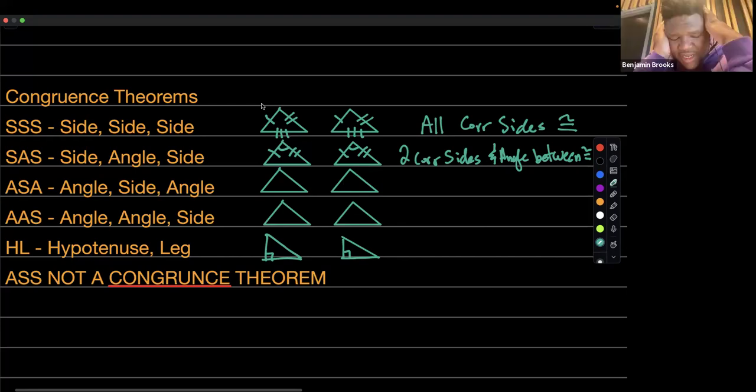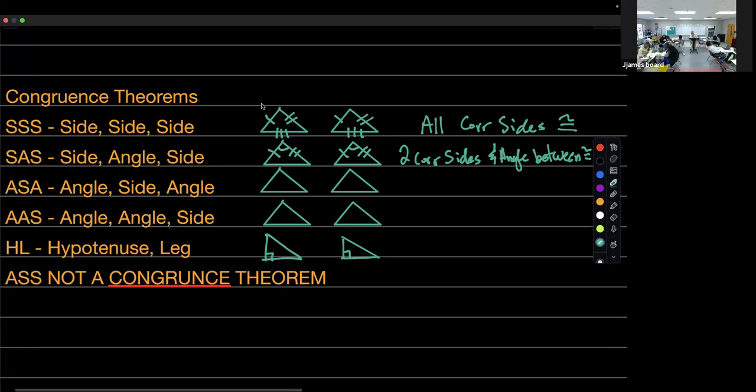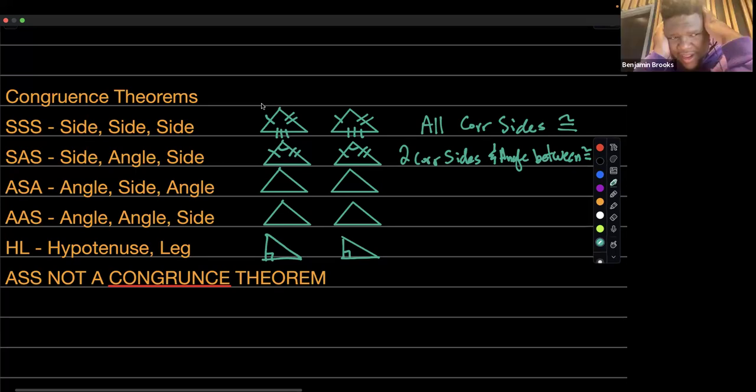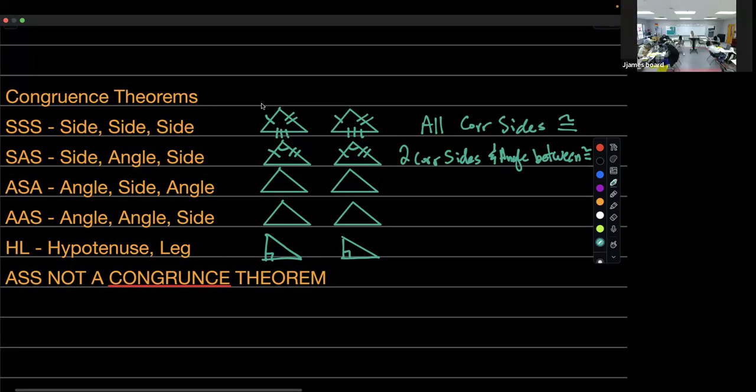If side, angle, side has two sides where the angle between them is congruent, then what would angle, side, angle be? You see how in side, angle, side, there are two corresponding sides, and the angle has to be in between? So you said that angle, side, angle is two angles and a side. So where would your side be?